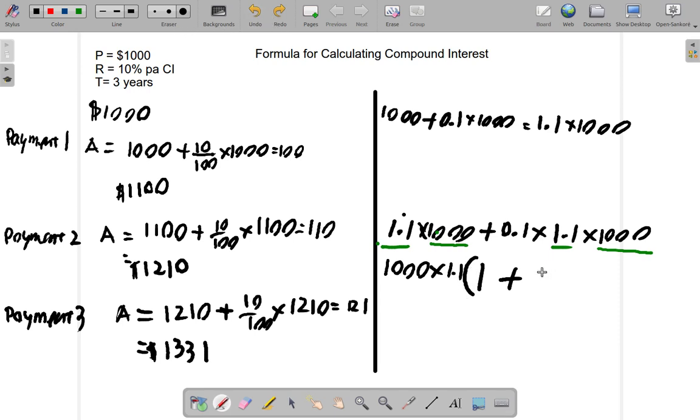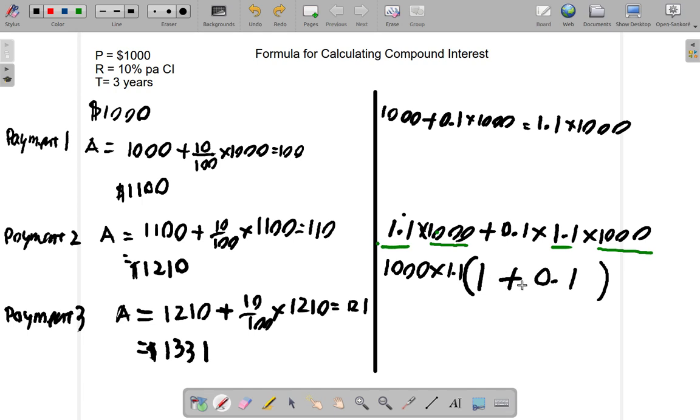What do we write here before we close the bracket? We already have the 1.1 and the 1000, so this is 0.1.